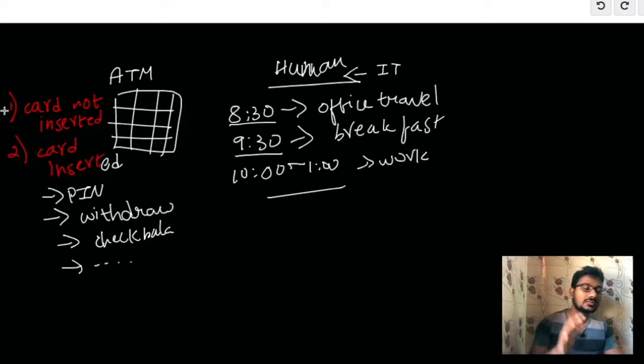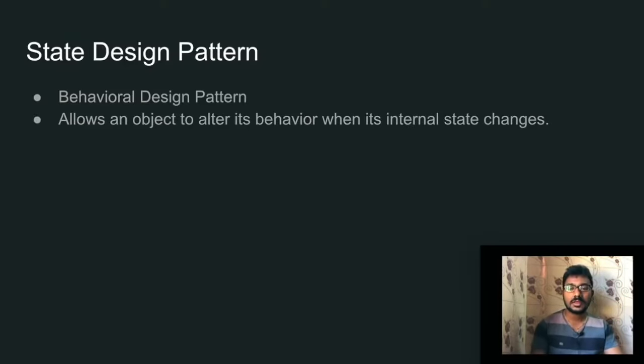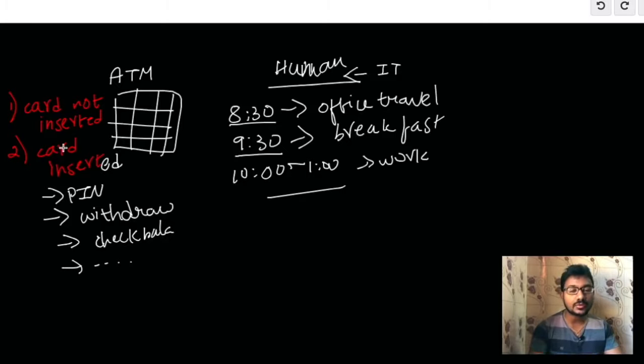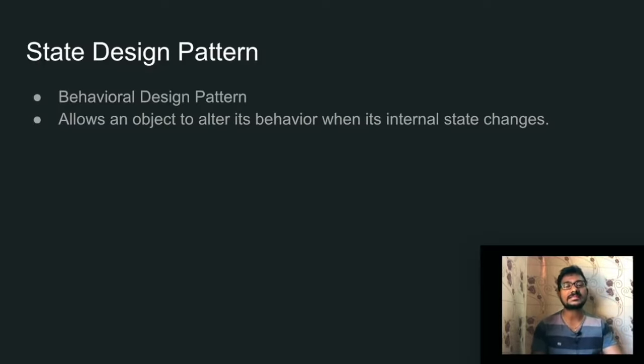So based on internal state the behavior is completely changing, and this allows an object to alter its behavior when its internal state changes. I have already discussed this point while explaining the example. So this is about the state design pattern.